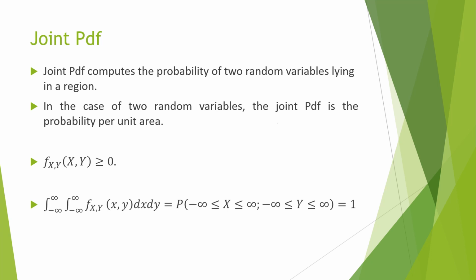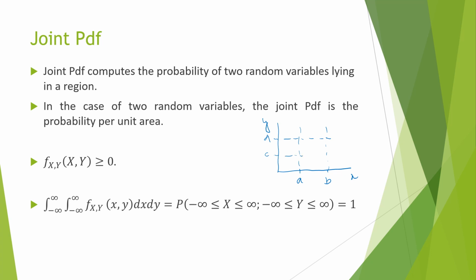Suppose I draw this and mark x here and y here, with x varying between a and b and y varying between c and d. If you extend the diagram like this, it represents a region.